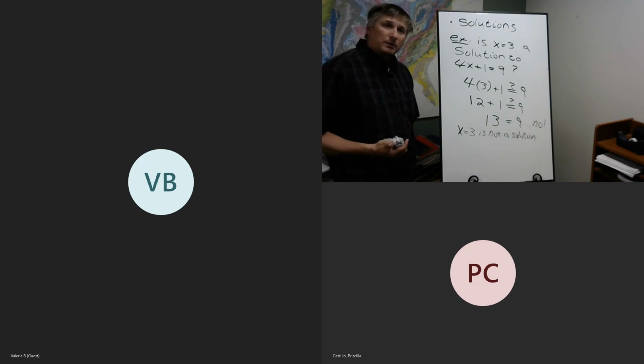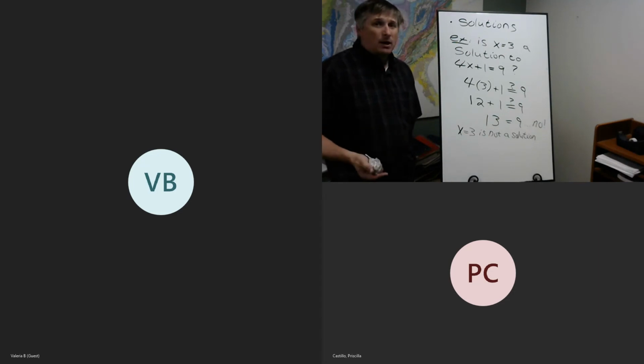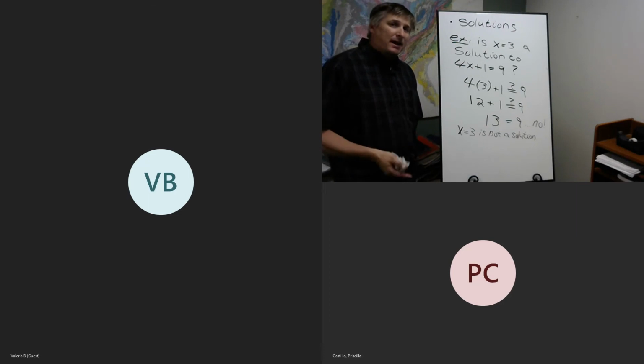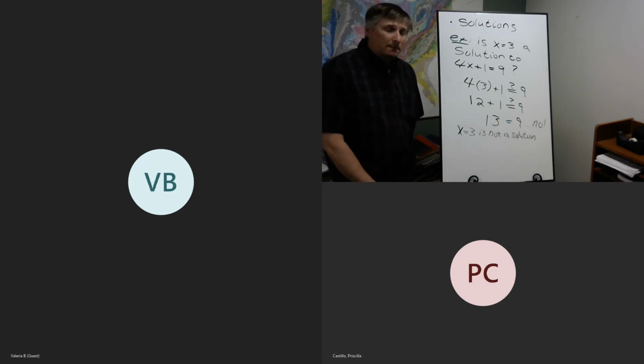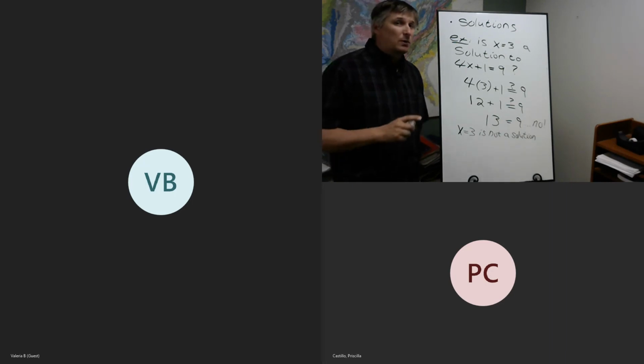With two variables, what we're going to do is we'll have an x and a y. And we're going to test the x and y in both equations. Now we have to be careful here. The x and y have to work for both equations, not just one of them.